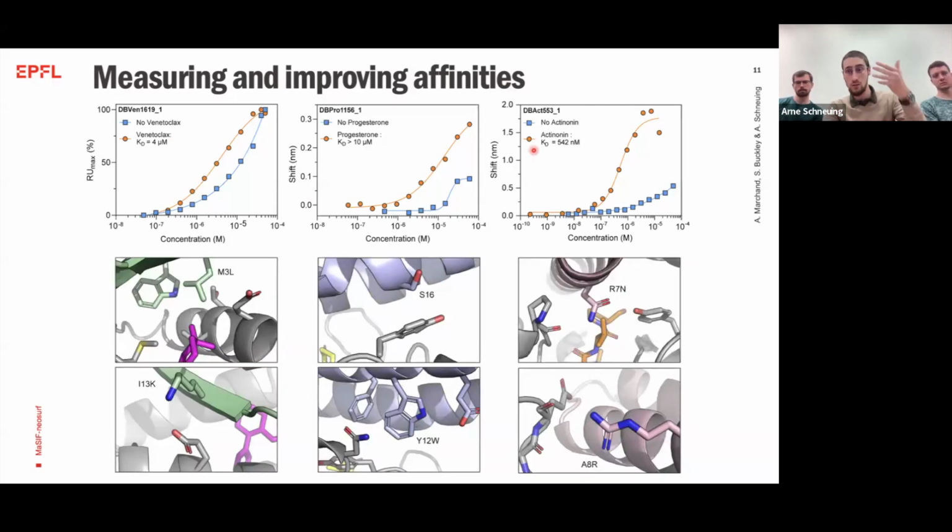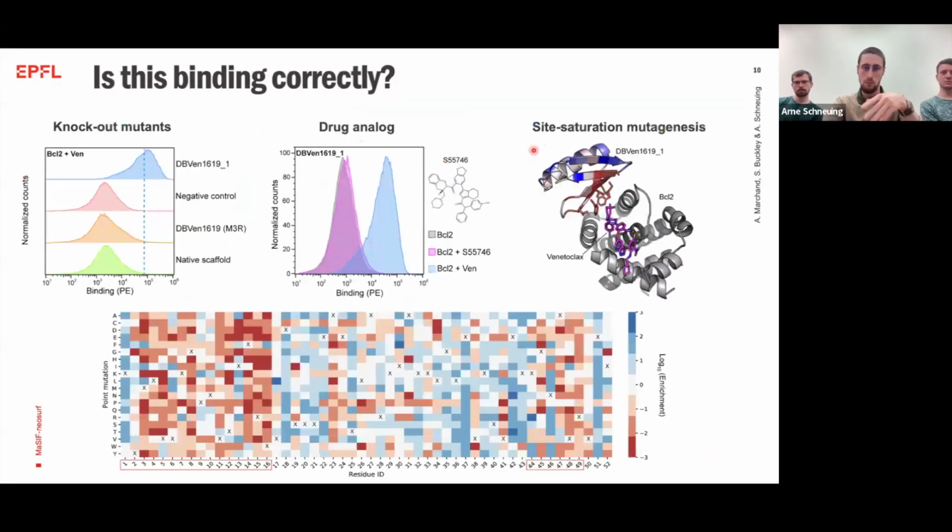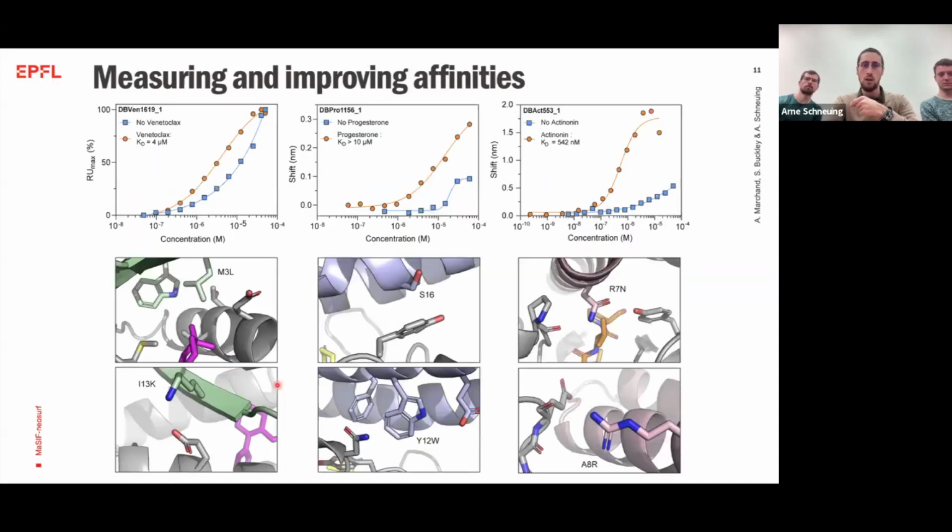But thanks to the site saturation mutagenesis data that I mentioned in the last slide, by using this data that you see here, you see now that there are some blue spots that suggest that a mutation at this position may considerably and significantly improve the affinity. And what we have observed is that most of the time, these are hydrogen bonds that were properly resolved, or there was a little clash here with this serine.